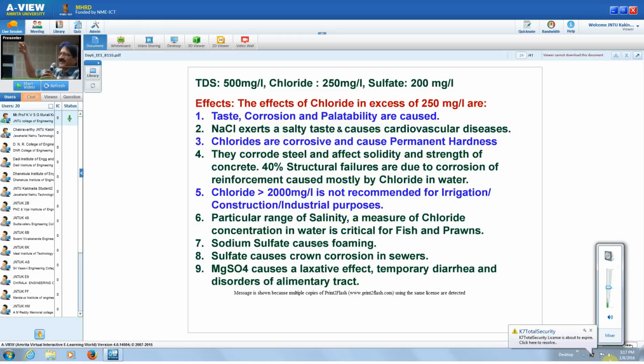It will eat away and destroy the reinforcement, that is steel. Once the reinforcement is eaten away, the bond between these two is lost. 40% of structural failures are due to corrosion of reinforcement caused mostly by chloride in water. Lifelong, every civil engineering student must remember this.